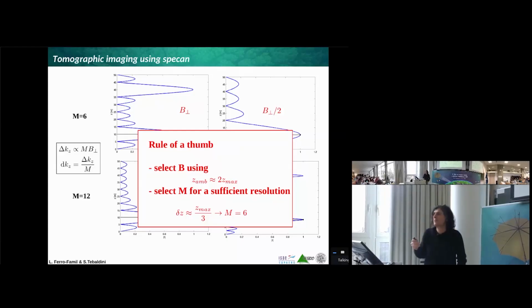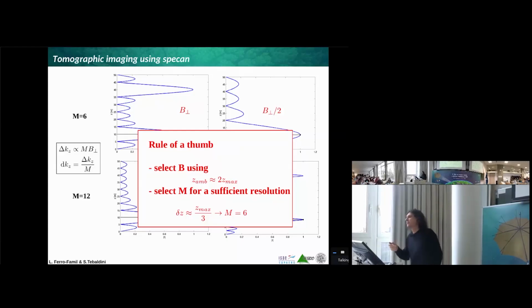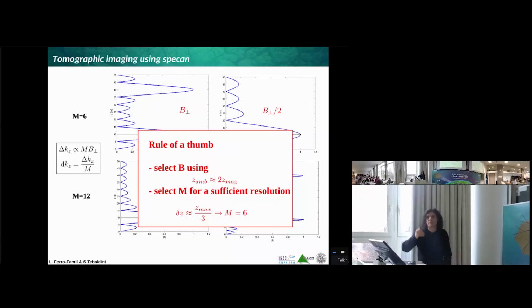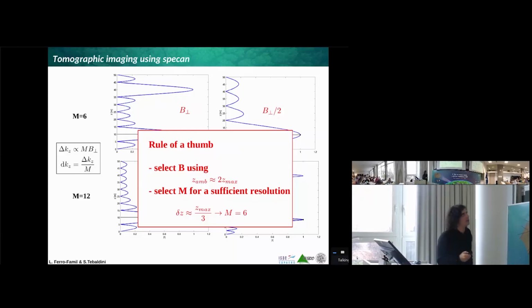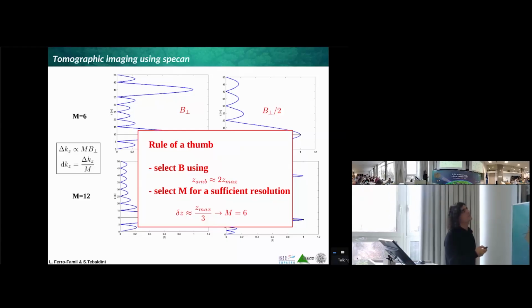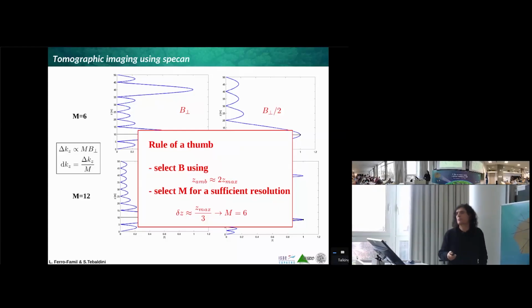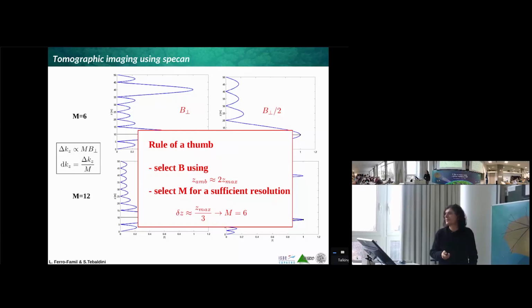Let's say you are observing trees that will be 40 meters high. So you set your ambiguous height to 80 or 110, something which is much larger than the actual tree height. And after, you need to select M, the number of images, so that you have a reasonable resolution to analyze the forest.